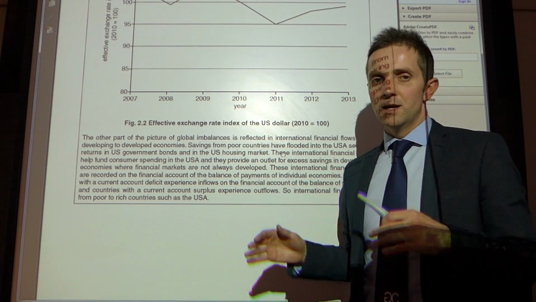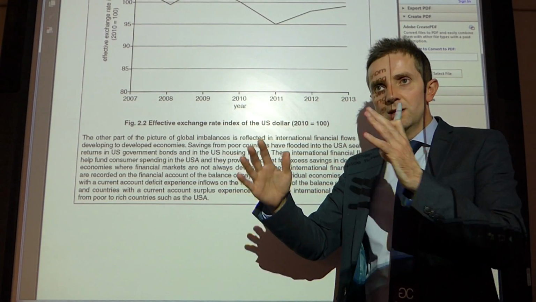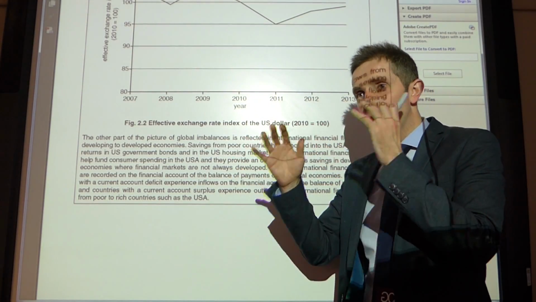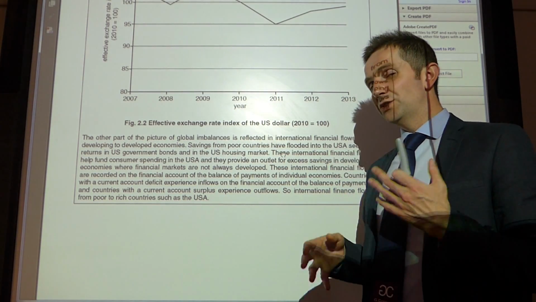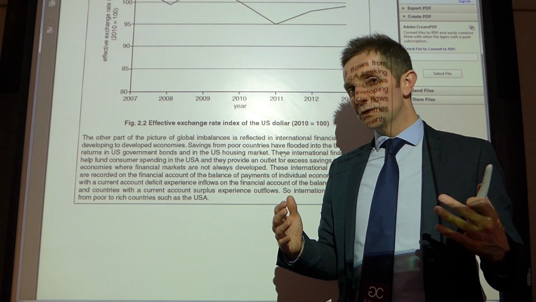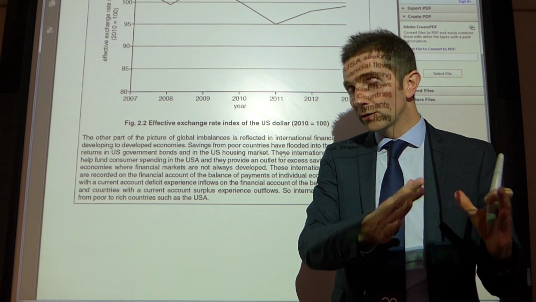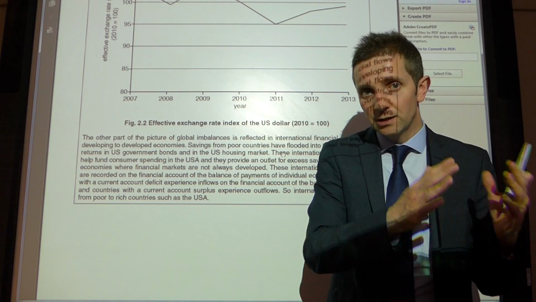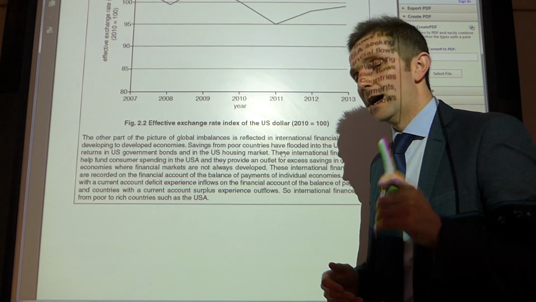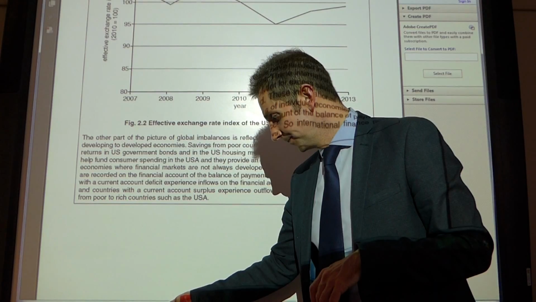So it talks about the financial flows moving from the less developed economy, which in this case is China, to the highly developed economy, the United States. And it's just interesting that the financial flows are going in that direction, from the relatively poorer country to the wealthy country, not from the wealthy to the less developed economy. And I just want to have a look and consider why that might actually be the case.